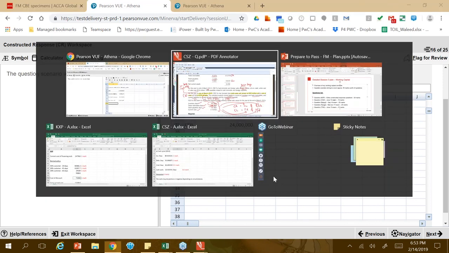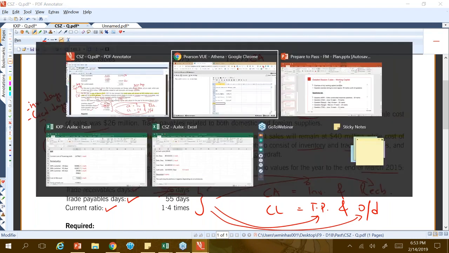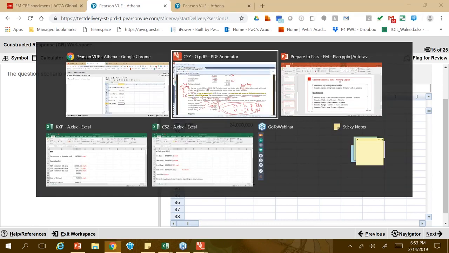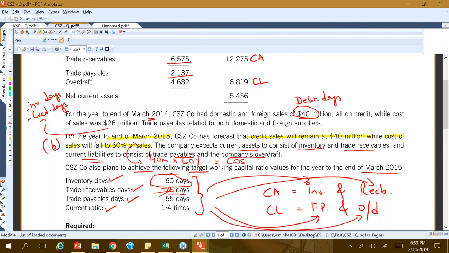We can find out the current liabilities here as well. So the current liabilities calculation. Okay, we can do the trade payables balance. We have got our calculation here, which is the cost of sales into payable days over 365.